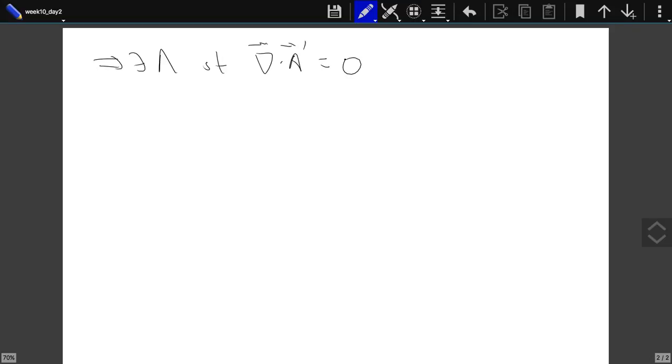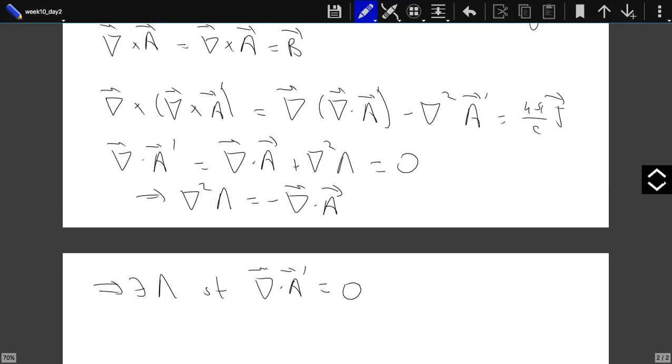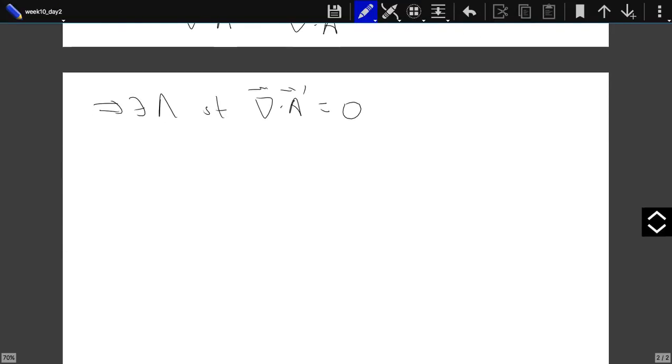But if the divergence of A prime is equal to 0, let's say this term I can always make 0 without changing the B field. I only have the second term, so Laplacian of A is equal to minus 4 pi over C times J.